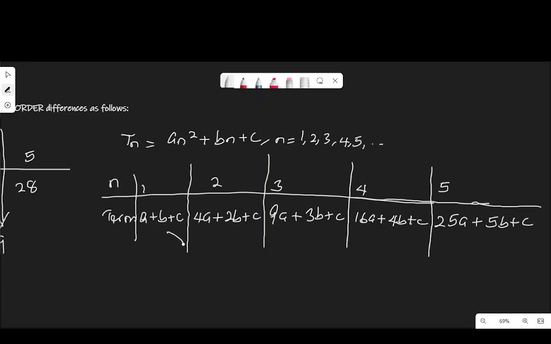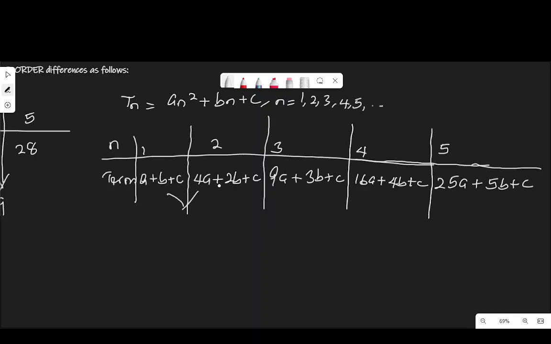Again, let's take their differences. If I subtract a plus b plus c from 4a plus 2b plus c, of course c minus c is 0, 2b minus b is b, 4a minus a is 3a. I have 3a plus b.